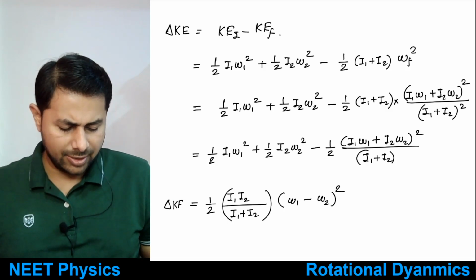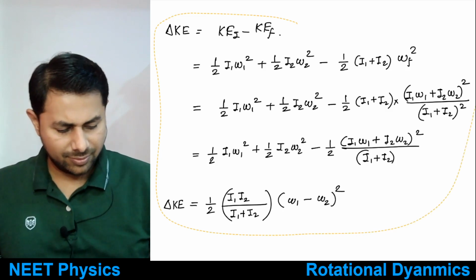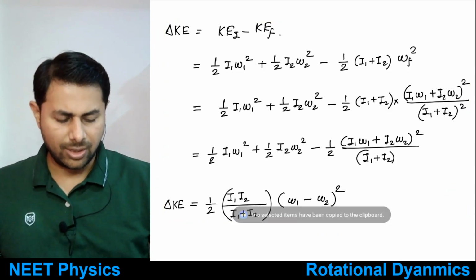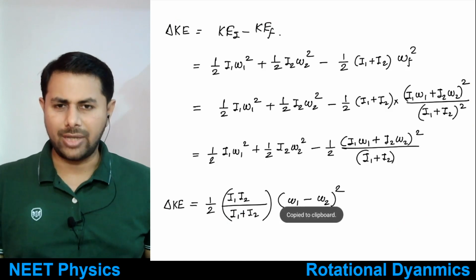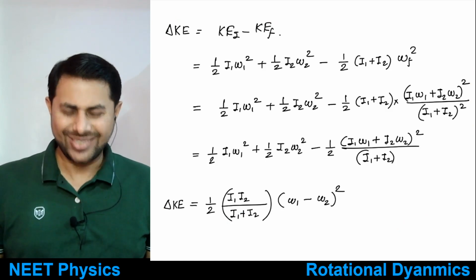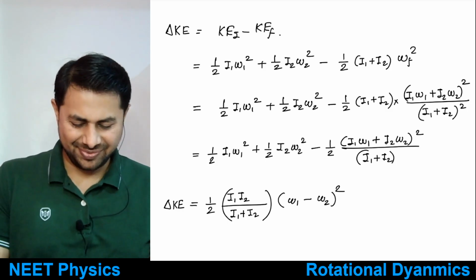This is delta KE, right? Is this thing clear? I am not solving and simplifying it all, I am just stating that if you do all of that simplification, at the end you will get this answer.